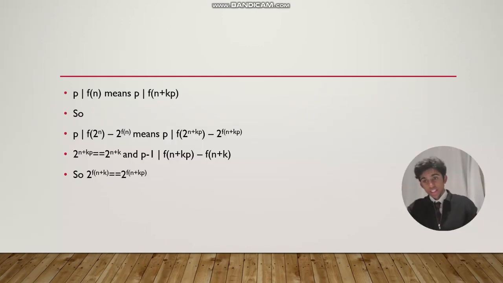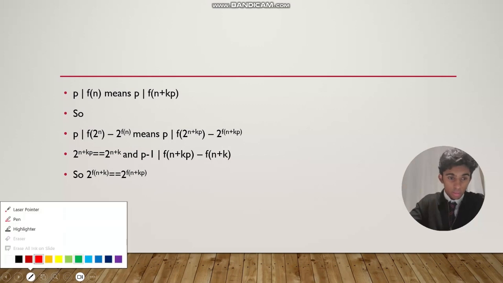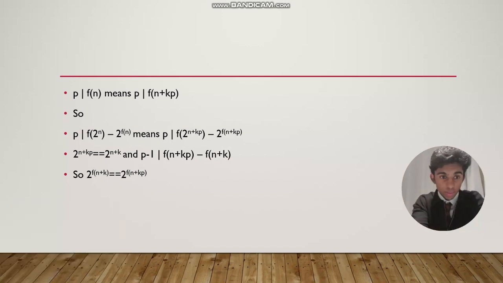Now we're actually at the stage where we can just go ahead and finish the problem. So, pulling out my pen here, I'm gonna go with green this time. Notice that when we have a divisibility, like some p divides something, all that matters is the remainder of that thing when you divide it by p. That's all that matters, right?